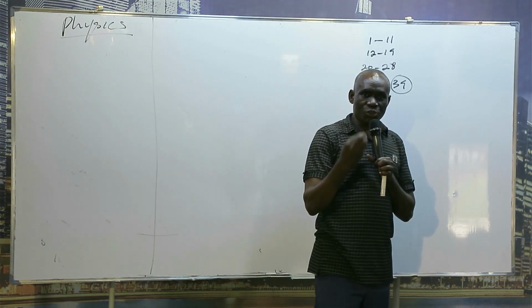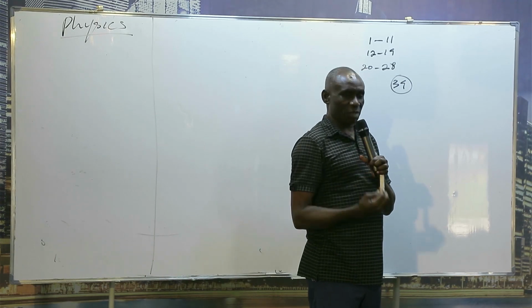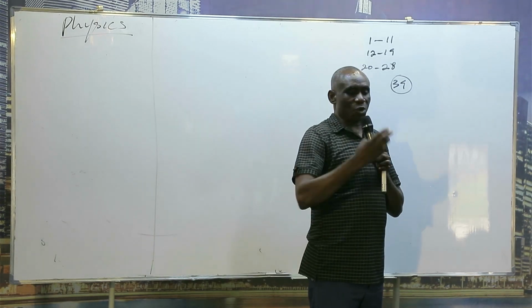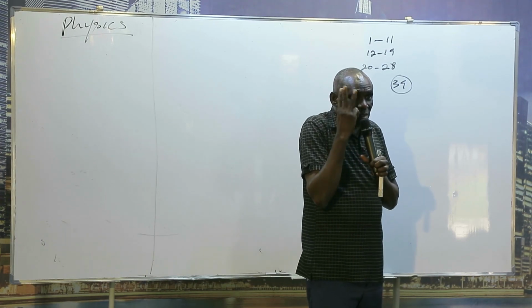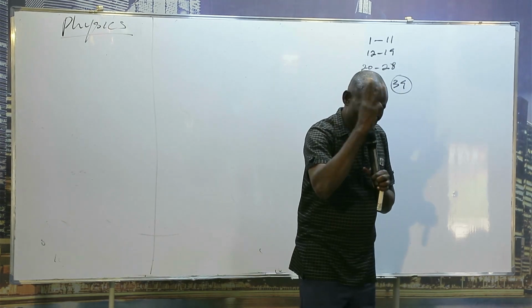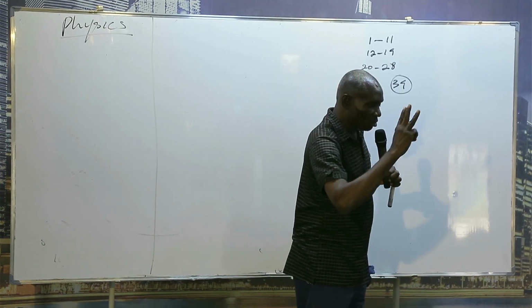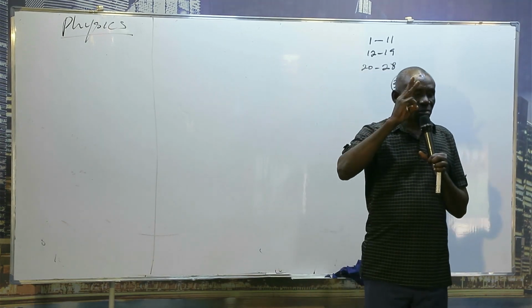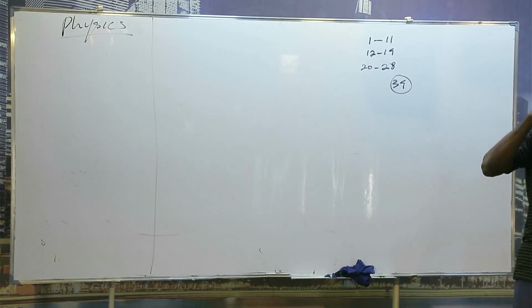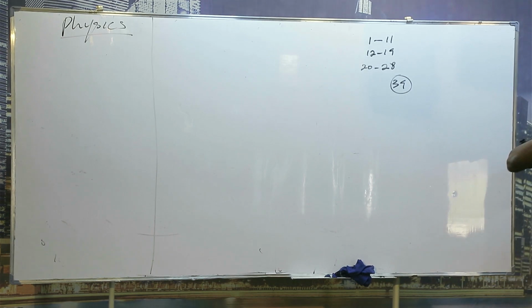Mechanics. Those of you that are new, not new to physics, but here. In your syllabus, mechanics covers measurement as topic number 1. Number 2, you have scalars and vectors. 3, you have motion up to density.